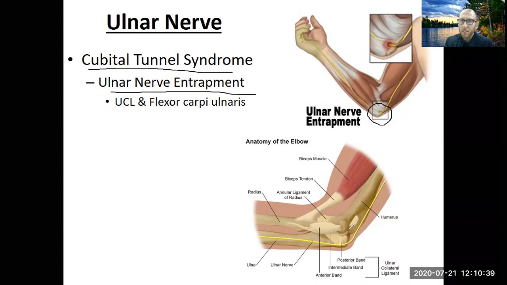So something to note is that if the forearm muscles are just not functioning properly, they can get inflamed. And if they're not strong enough and they get inflamed, they can put issues or compression on this ulnar nerve.